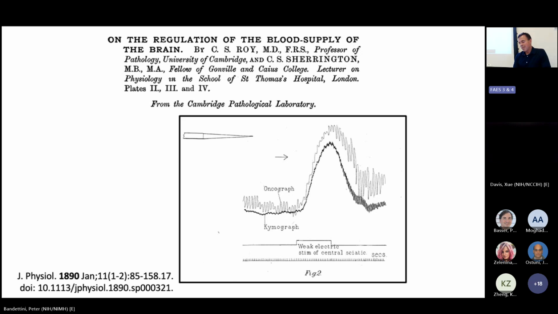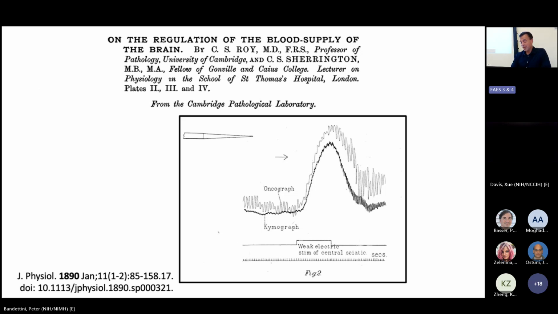And they gave a stimulation, like a weak electric stimulation to the central sciatic nerve. And in the area that they were looking, they found what looked amazingly like a hemodynamic response, like the types of hemodynamic responses we see today. So this was an amazing finding that kind of went ignored for 100 years.